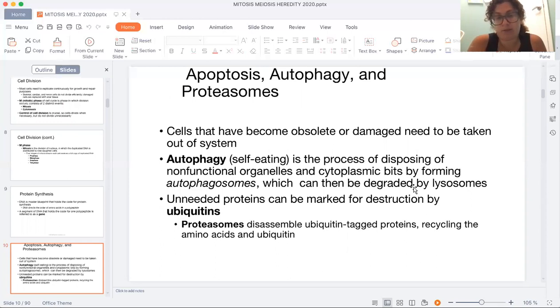If you remember what lysosomes do, they have a lot of enzymes that degrade. And the unneeded proteins that are left over are marked for destruction by something called ubiquitins. And these ubiquitins also use proteasomes, and these are things highlighted on this slide that I want you guys to know. Proteasomes' job is to disassemble these ubiquitin-tagged proteins.